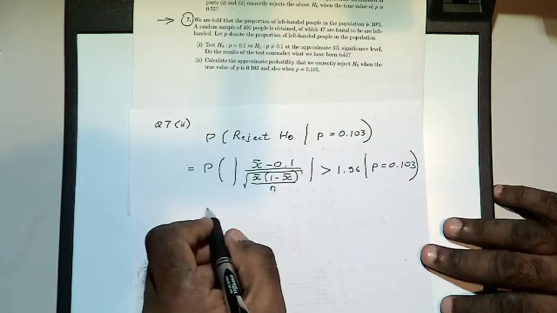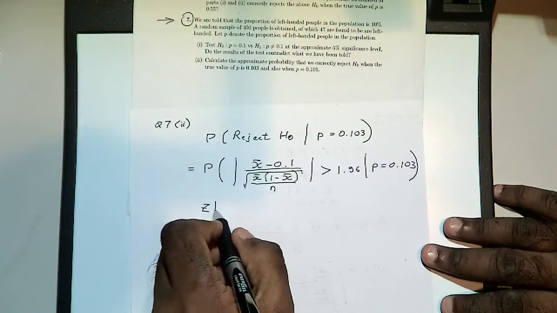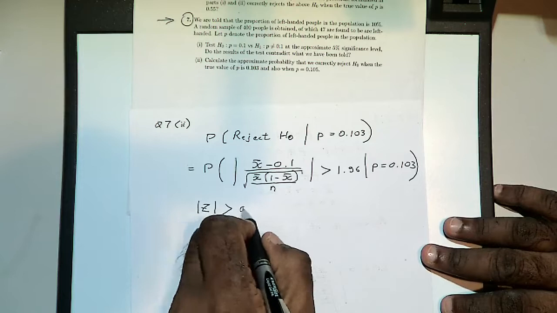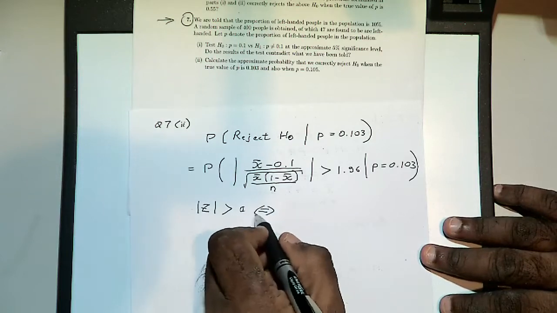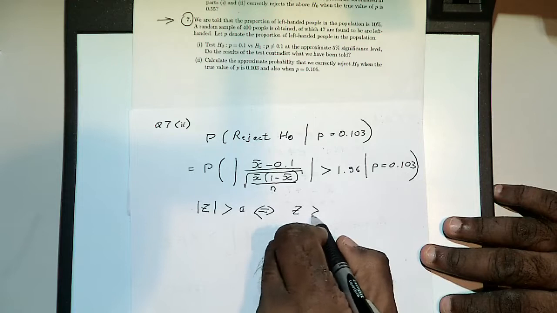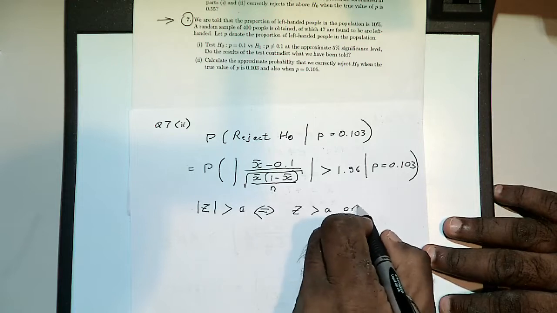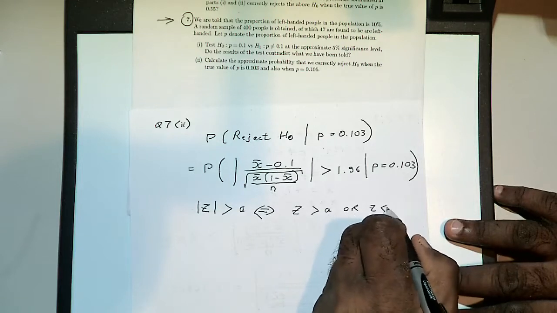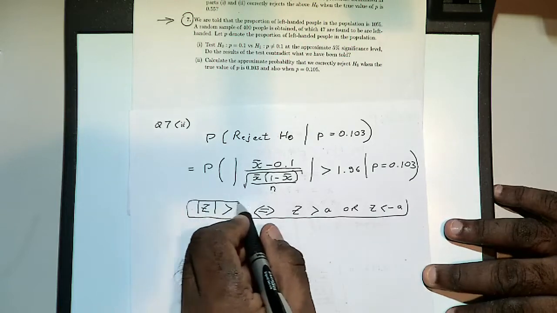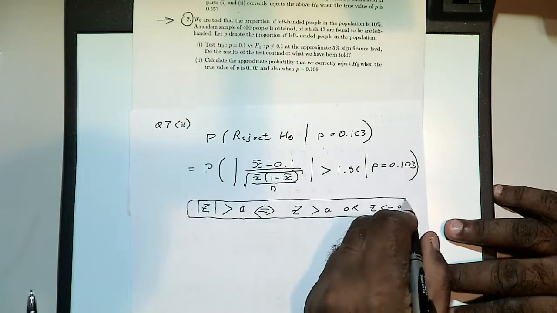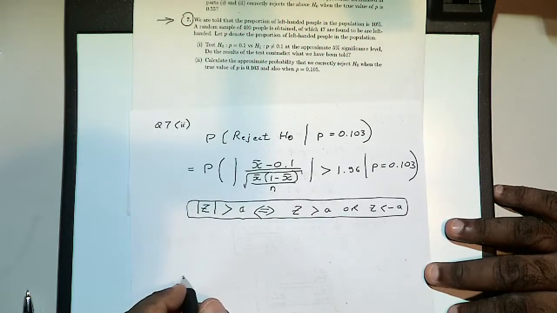If you have something like absolute value of z greater than a, then it's the same as saying that either z is greater than a or z is less than minus a. You know this, right? I'm sure you know this. Okay, so that's what I'm going to do.